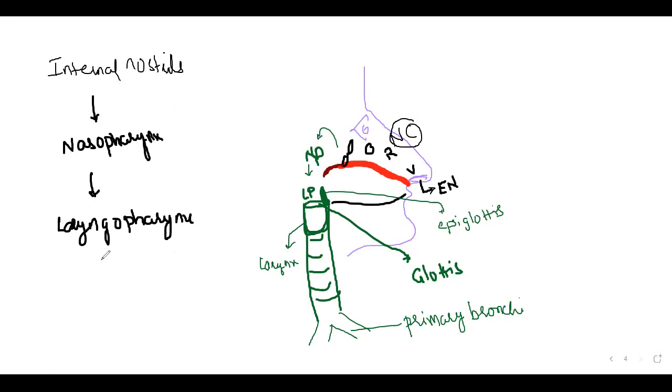Next, glottis. Glottis opens into the larynx. Larynx opens into the trachea. Trachea opens into primary bronchi. So let us start from there.